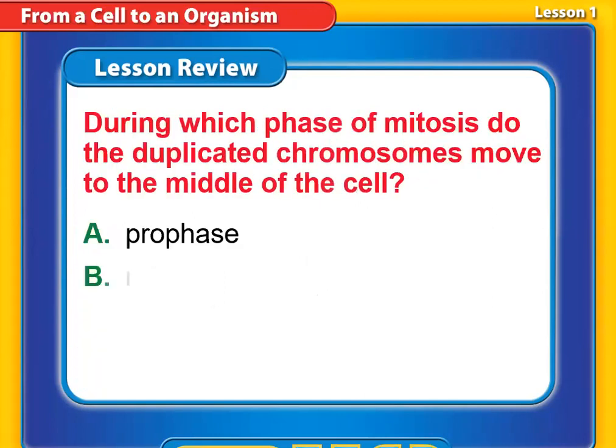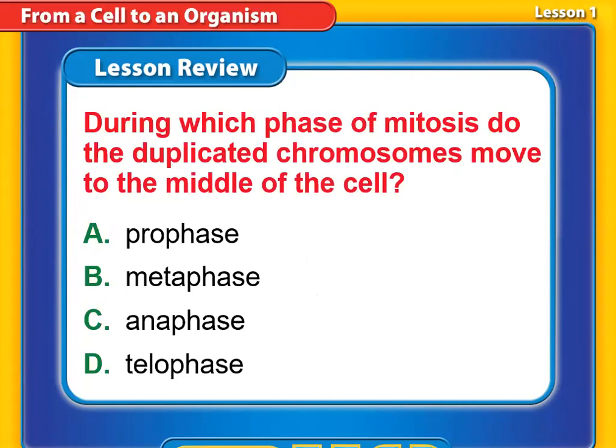Okay, the last question. During which phase of mitosis are the duplicated chromosomes lined up in the middle of the cell? Nano? C. Oh, C, they are just in the middle.